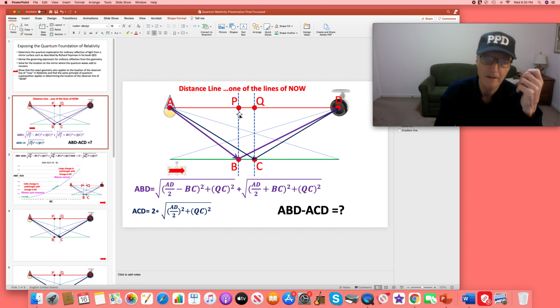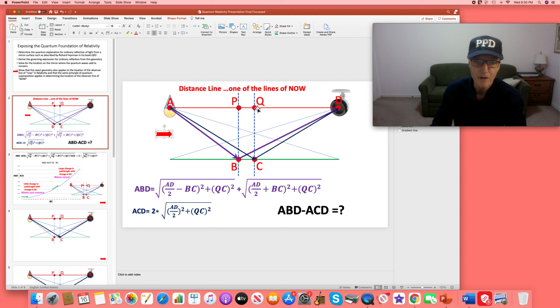I take AD divided by 2, which is AQ, and then you get rid of BC right there, and you jump from Q to P, so that's AP, and then plus QC.